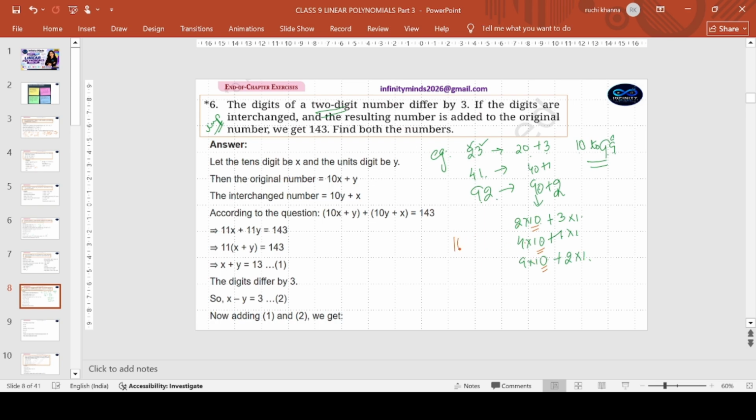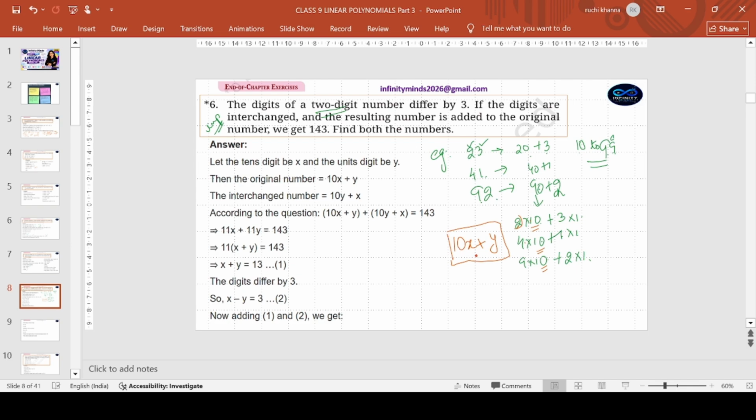So it would not be wrong if I call it 10 into the value of a variable plus another variable. Yes, it is y into 1, but that doesn't have much role to play. You can simply call it 10x plus y, because anything into 1 is the same. It won't be wrong to give a general form. This is your algebra in a way.